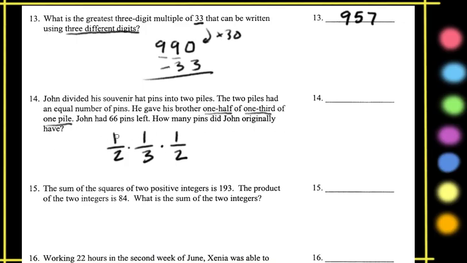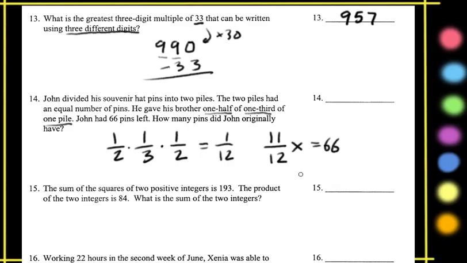So first, let's figure out what fraction he gave away. It's just multiplying this all together. That's going to give us what? 1/12. So he gave away 1/12. So if he started out with all his pins and he gave away 1/12 of them, how much is left? Well, 11/12 of them are left. And the 11/12 of his original number is equal to 66.